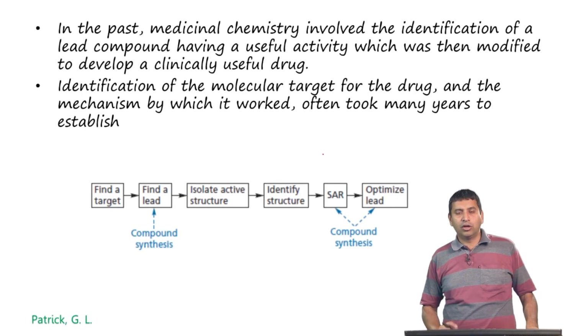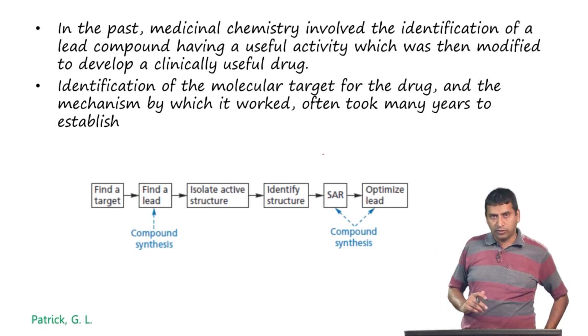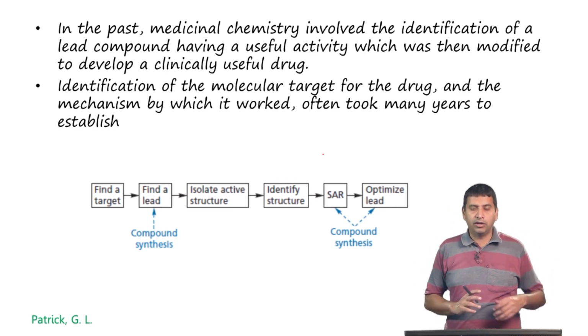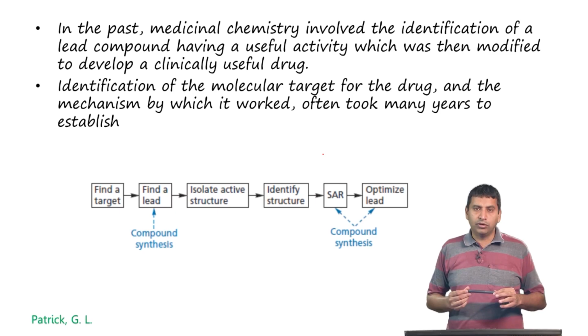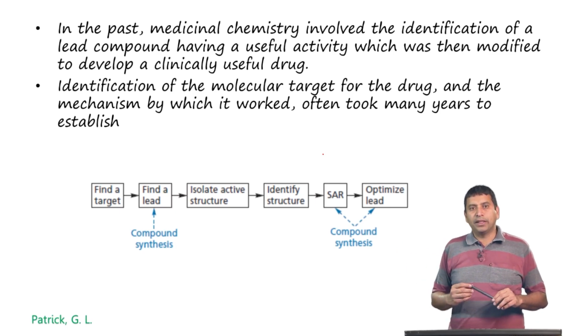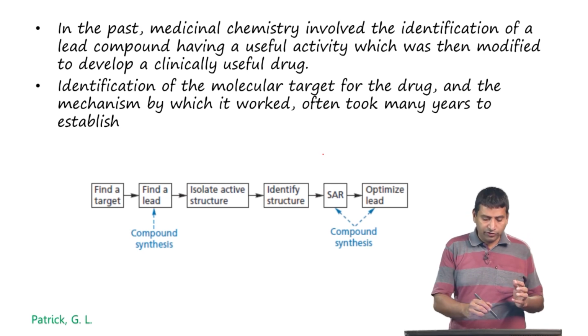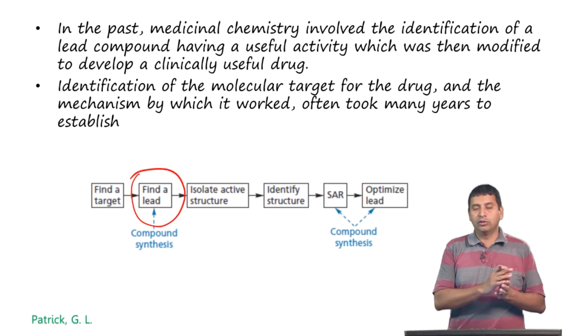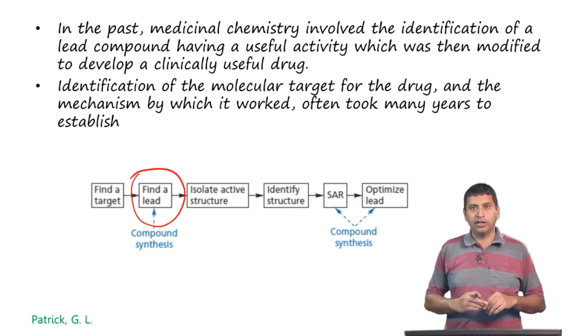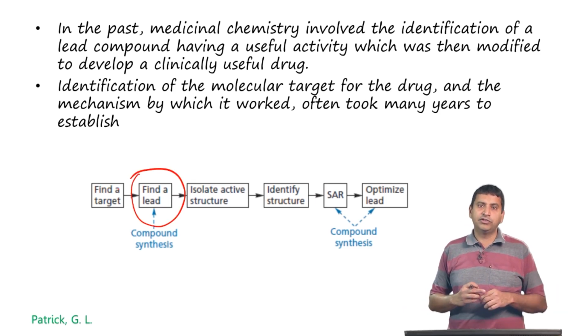Okay. So, now coming to the main topic of combinatorial and parallel synthesis, what we need to look at is a global view of medicinal chemistry. In the past, medicinal chemistry involved the identification of a lead compound. This is how the drug discovery pipeline was working in the previous generations.